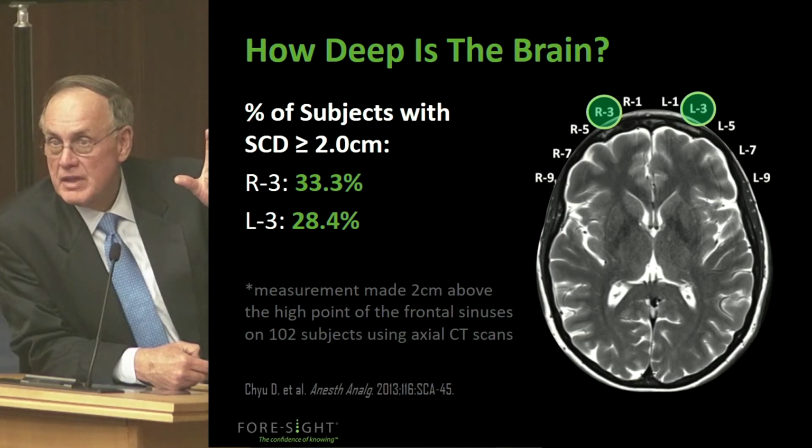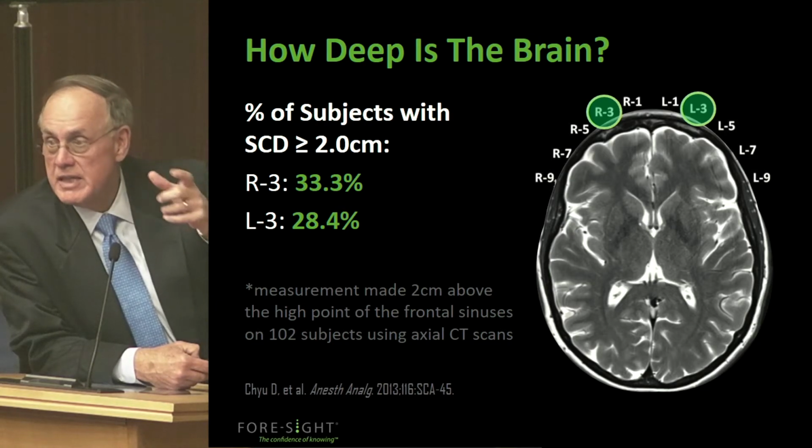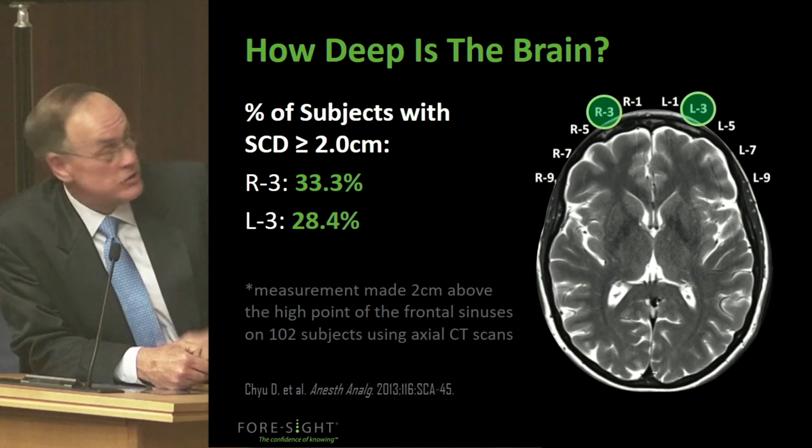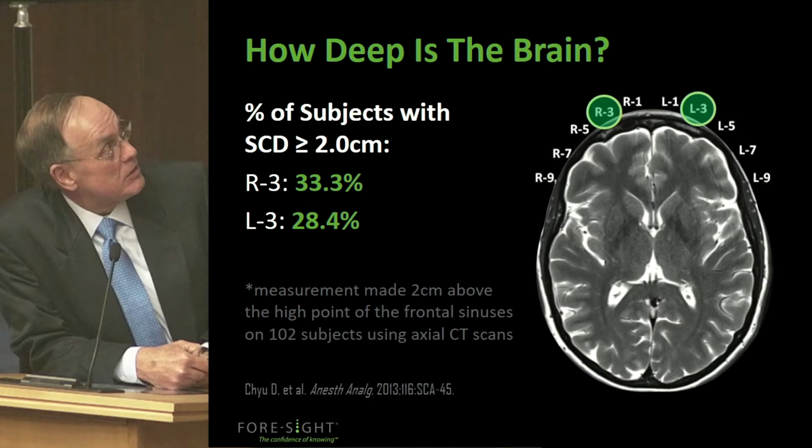And if that happens with, for example, the INVOS, which only has a depth of penetration of 2 centimeters, you would not get a reading, or you would get a false reading. You need this 2.5 centimeter depth of penetration to actually get to this part of the brain.